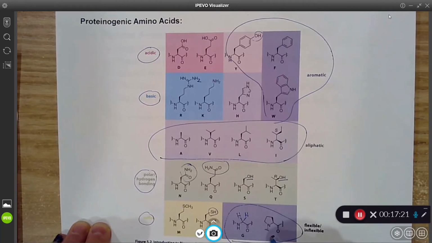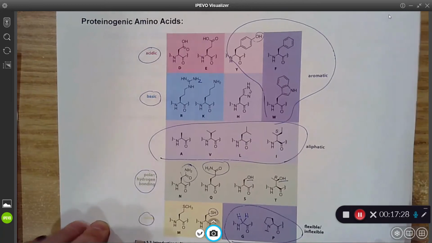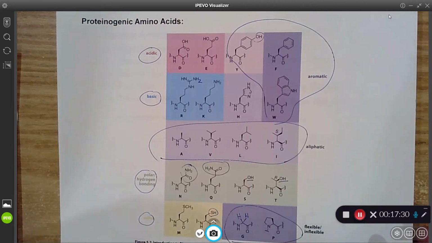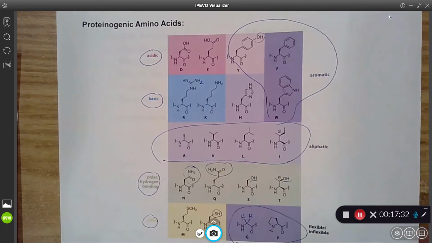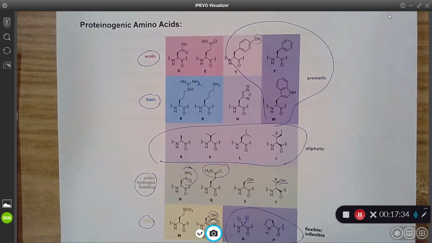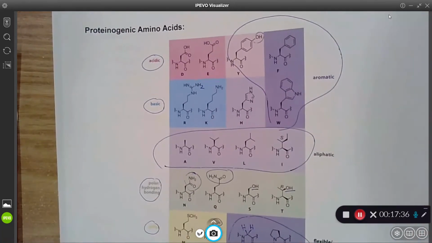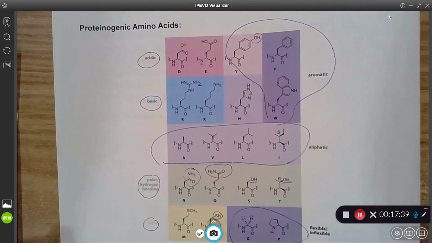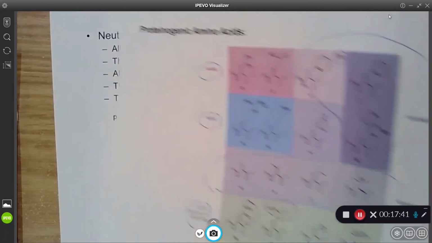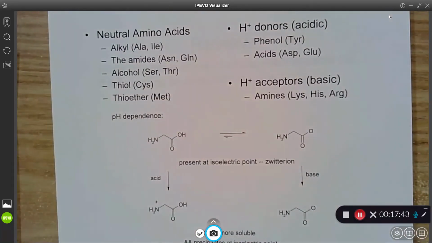In contrast, amino acids like proline have a 5-membered conformationally constrained ring embedded within it, and this prevents the peptide from kinking and adopts a more sterically constrained structure. So anyways, that's just a little bit of a highlight of some of these amino acids. We'll definitely talk about them more in the coming weeks.